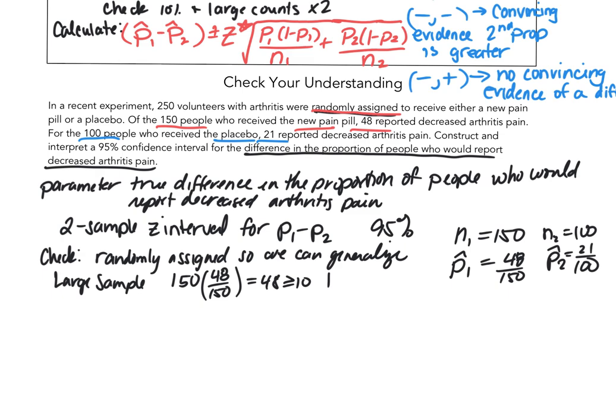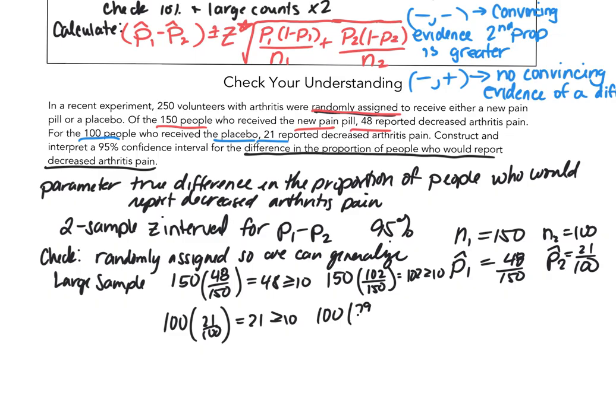And then 150 times 102, that's 150 minus 48 over 150, is 102, which is greater than or equal to 10. And then 100 times 21 over 100 is 21, greater than or equal to 10. And 100 minus 21 is 79, which is greater than or equal to 10. So we can use a normal model.